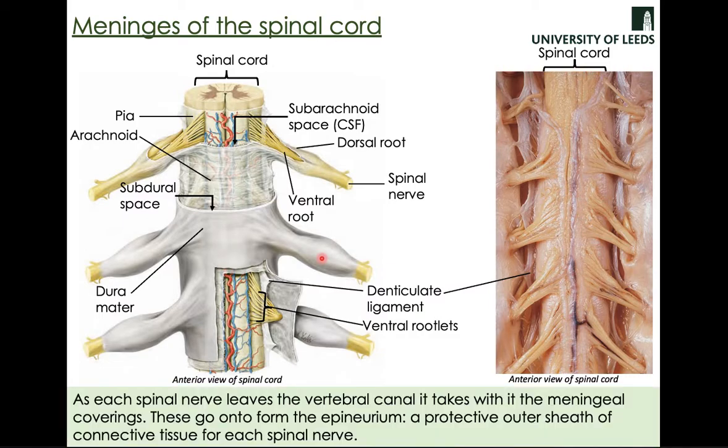What these meningeal coverings around the spinal nerves are going to become is a protective tissue called the epineurium. This is the name we give to that protective layer surrounding each spinal nerve. And now we know that it originates from those meningeal coverings.